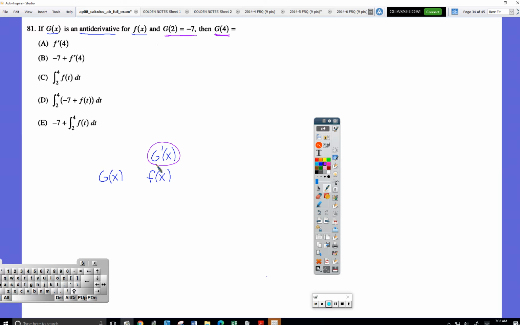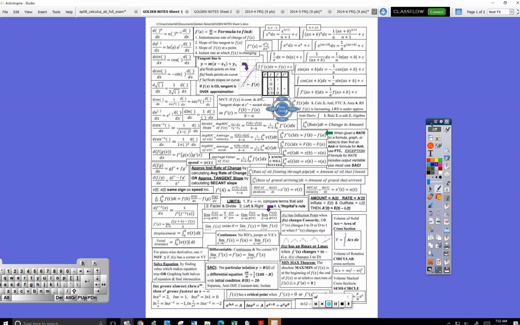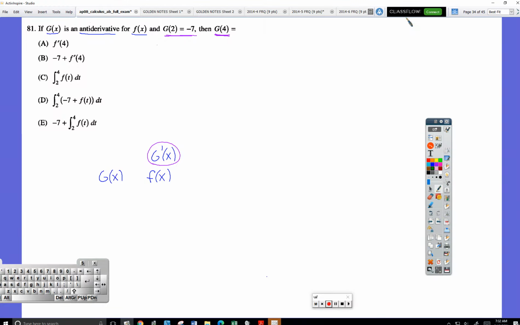So that's really this note on your golden notes right here. Although they're hiding it, it's this one. They're giving you a rate, and they're asking you to find an amount. Because they're giving you g prime, they're just calling it f, and they're asking you to find g of 4.